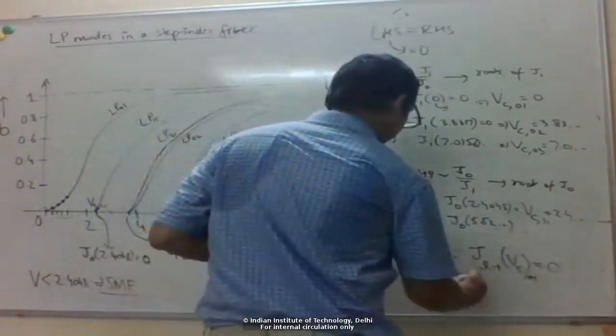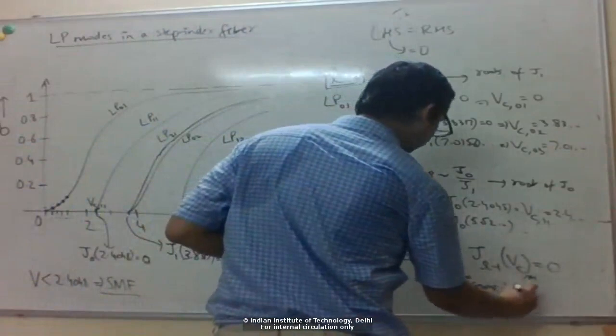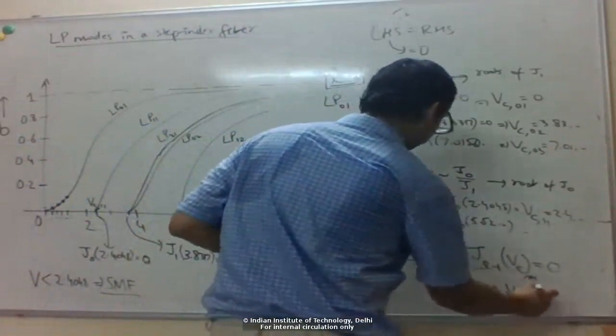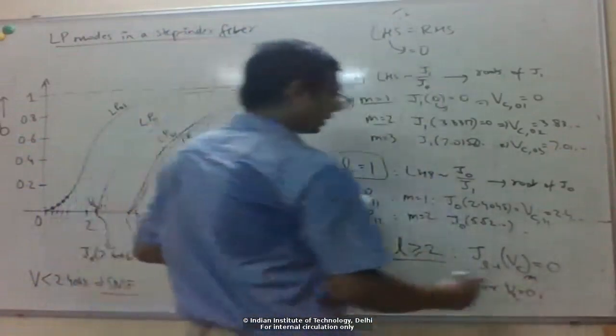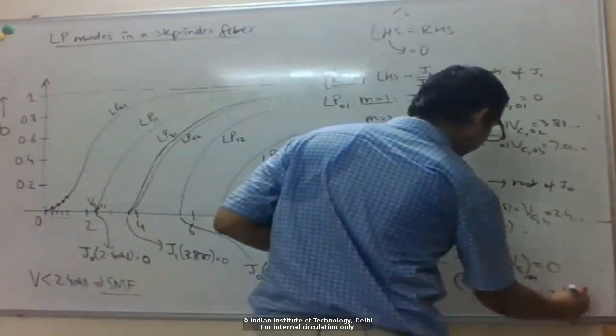Of course, we ignore the 0 root, because for L greater than or equal to 2, J(L) at 0 is 0.